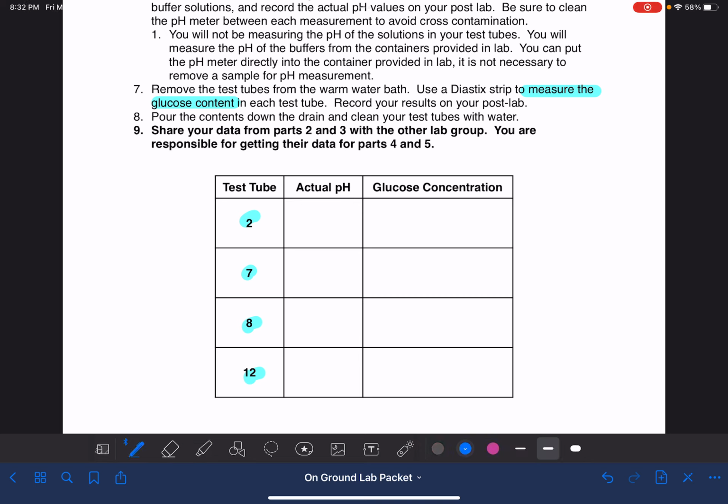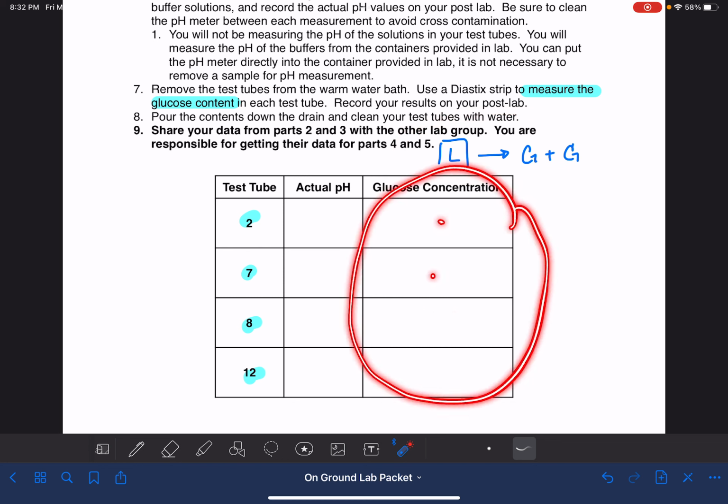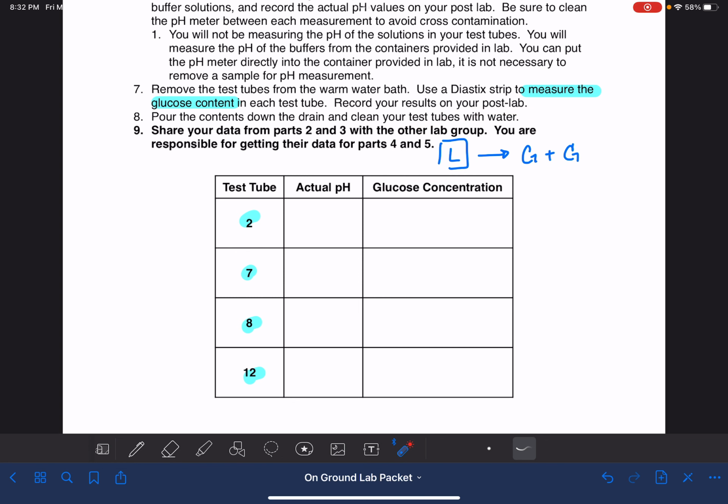Our question here is with the lactose, again, turning into 2 glucose monosaccharides. Does this reaction work equally well at all 4 of these pHs? If it does, we would see pretty much the same amount of glucose at every pH. Or does this reaction work particularly well at just 1 or 2 of these pHs?